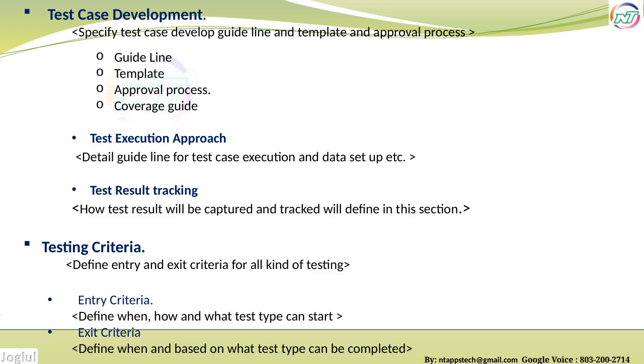For test execution, it's important to establish detailed procedures for setting up data and environments to replicate real-world conditions accurately. Capturing and tracking test results systematically is crucial. This involves logging outcomes, defects, and progress so that the testing status is transparent and actionable.